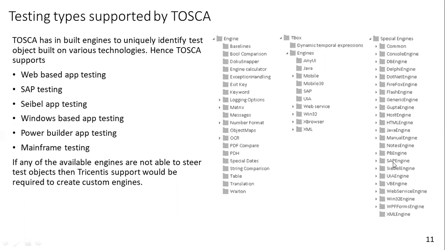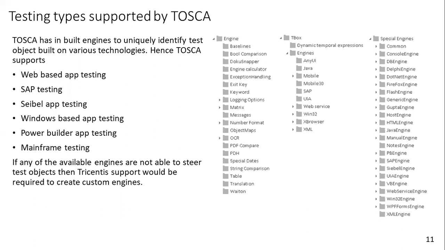When you try to scan a SAP application, since you have launched the SAP application, Tosca will internally launch the SAP engine and make it ready to identify the test objects on that particular window where SAP is present. Okay.